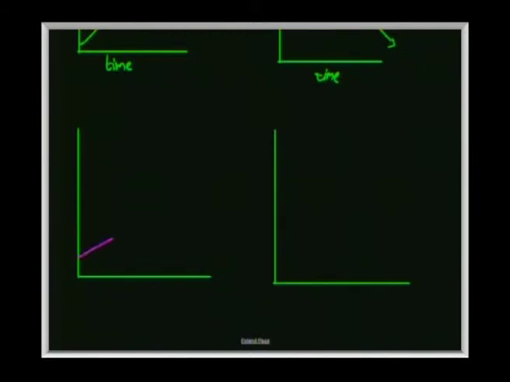Let's draw a graph, and once again I'm going to draw two graphs so we can compare situations, and we get told if we have some sort of vertical line, it means that over here, in the matter of time, our dependent variable, which is always drawn on the vertical axis, changes, whereas time doesn't change at all.